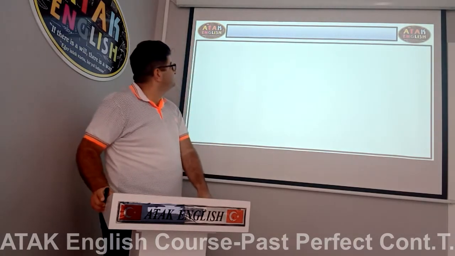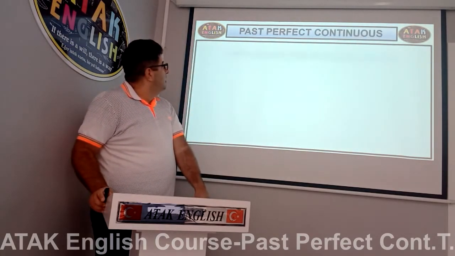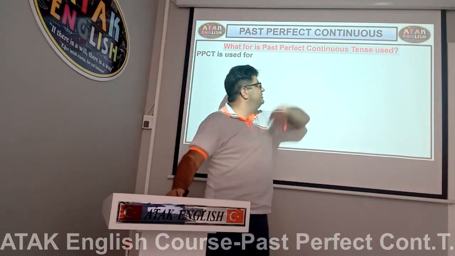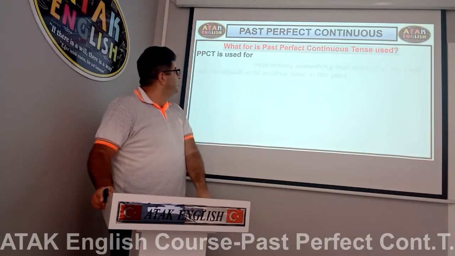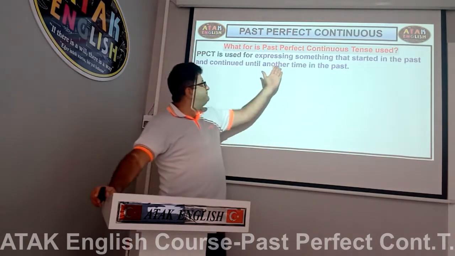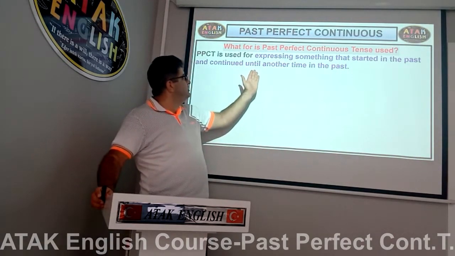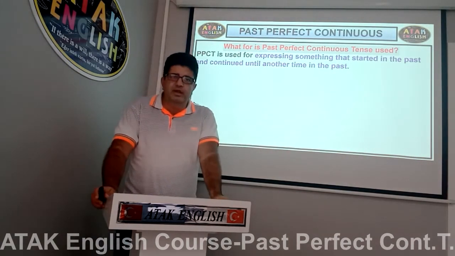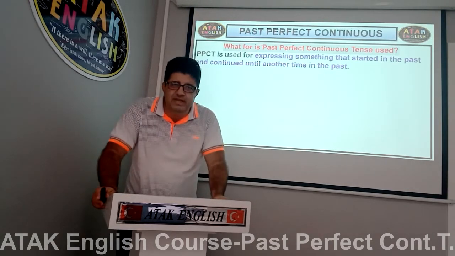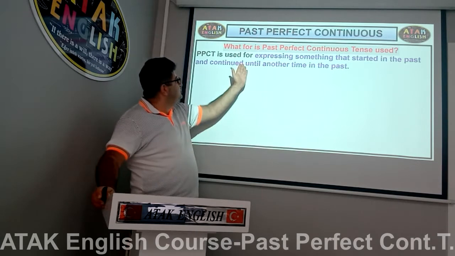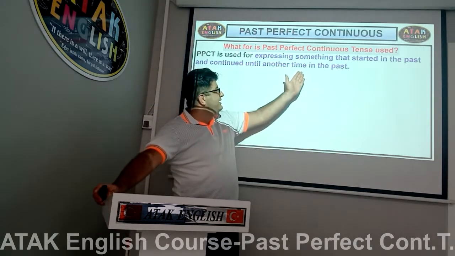All right. What is past perfect continuous tense used for? It is used for expressing something that started in the past and continued until another time in the past. What does that mean? Let me repeat that to you. It is used for expressing something.